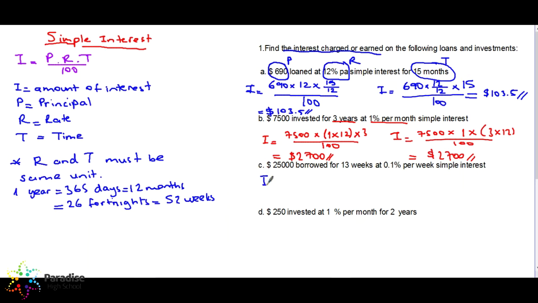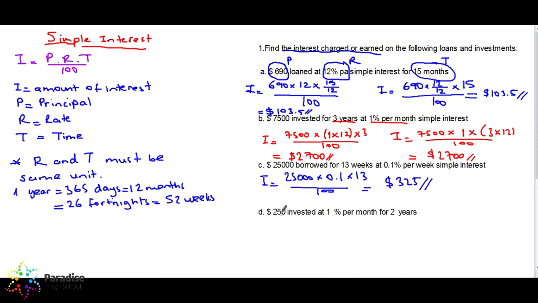So I is equal to P, 25,000, times my rate, 0.1, for 13 weeks, divided by 100. So what's the result here? If you simplify the zeros, 250 times 0.1 times 13, that makes $325. So at the end of the 13 weeks, you will have $325 extra money in your account.